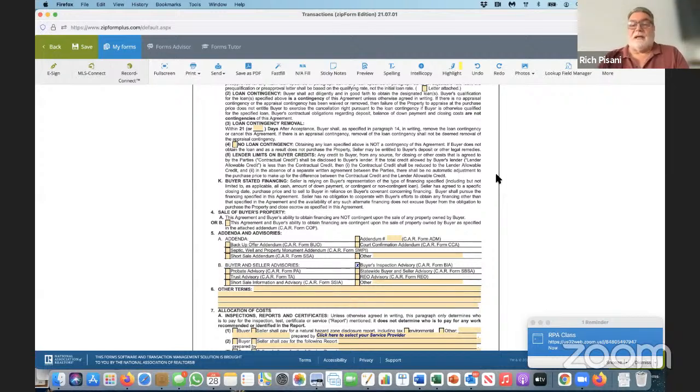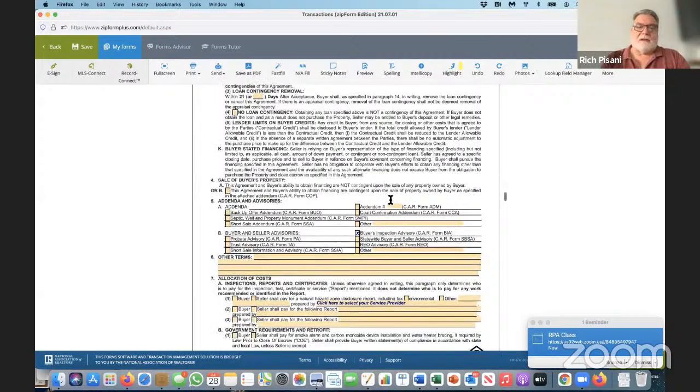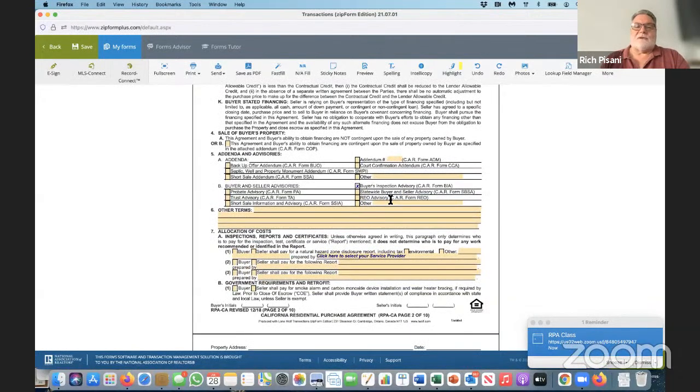You should be including that disclosure that says, we as a company have an affiliation that may be beneficial to us. So you need to include that as part of the advisory or addendum.